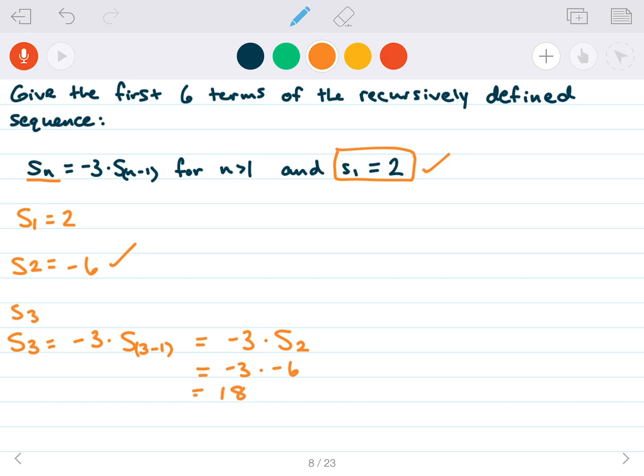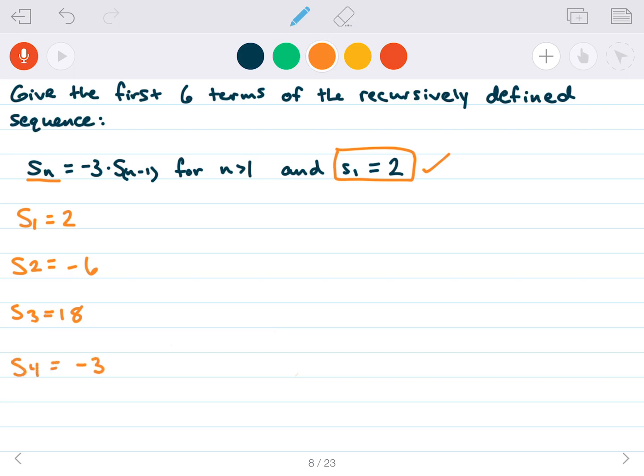So S sub 3 is positive 18. S sub 4 is negative 3 times S sub 4 minus 1. So this is just negative 3 times S sub 3, and S sub 3 we just found to be 18. Negative 3 times 18 is going to give us negative 54. So that's S sub 4, negative 54.